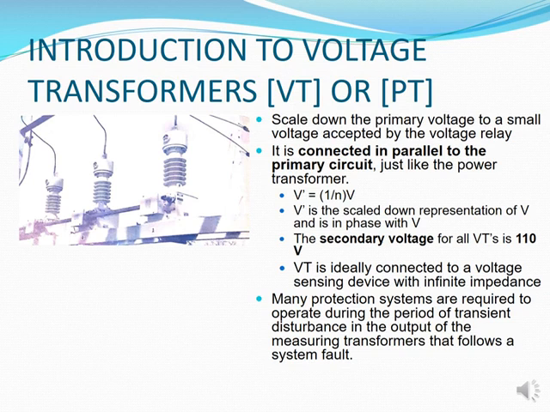And remember, our systems can be anything from 1 kilovolt, 11 kilovolts, 33 kilovolts, 22 kilovolts, 66, 132, and even higher voltages as we go up to transmission networks. And ideally, your VTs get connected to a sensing device that has got infinite impedance, and they are usually utilized more on transient disturbances.